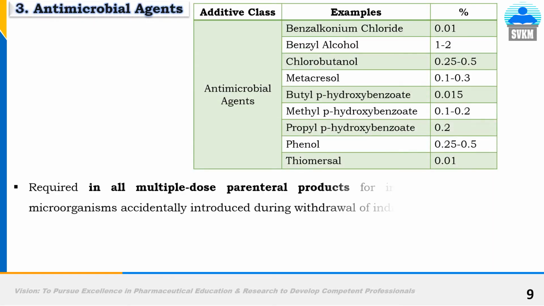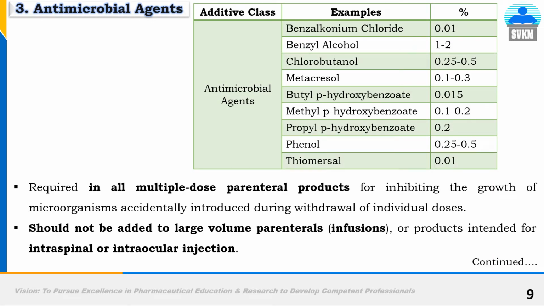Another class of additives is antimicrobial agents. Antimicrobial agents are utilized in all multiple dose parenteral products for inhibiting the growth of microorganisms accidentally introduced during the withdrawal of individual doses.